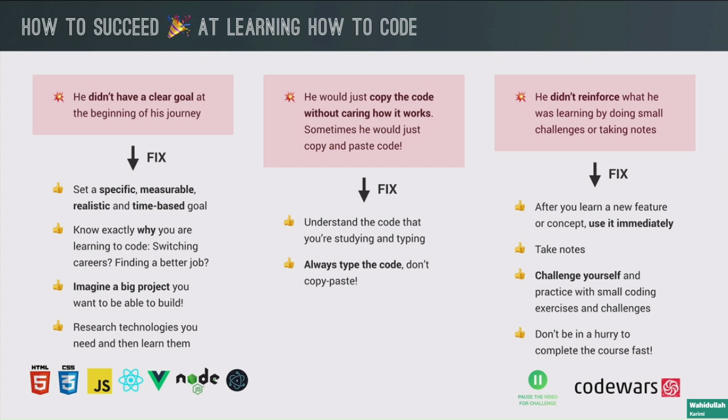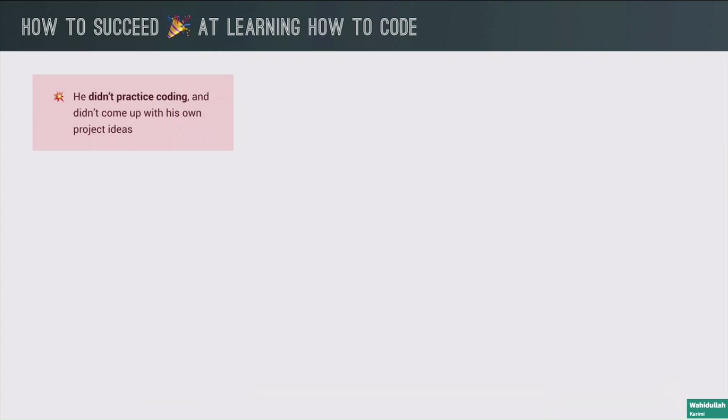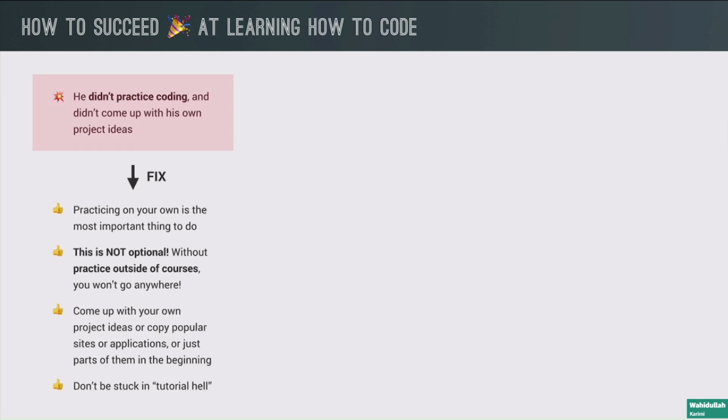One of John's biggest mistakes was to not practice coding outside of the course environment. But practicing on your own is the single most important thing that you have to do. And I can't stress this enough, okay? Coding your own projects without any course guiding you is really not optional.